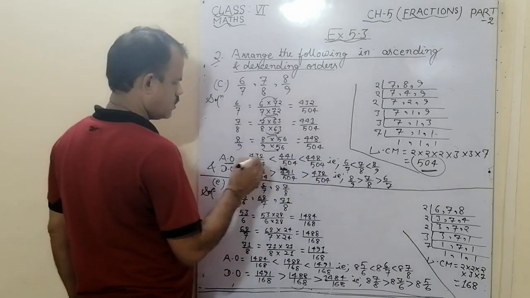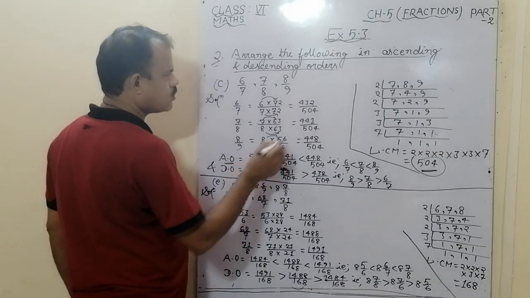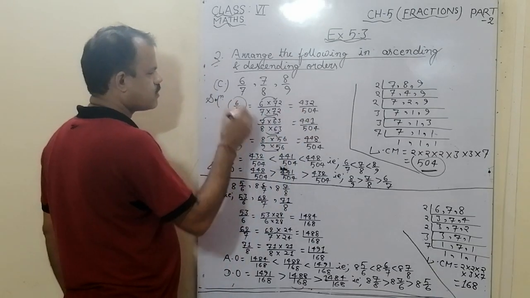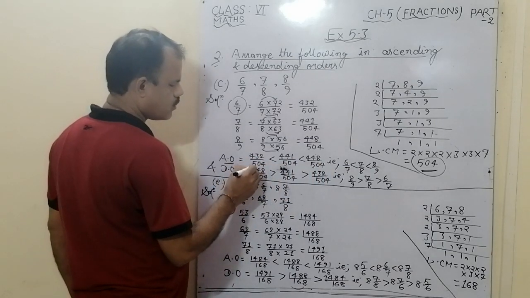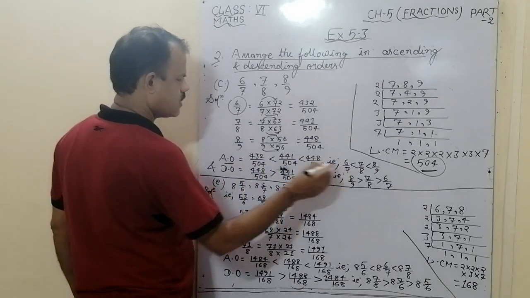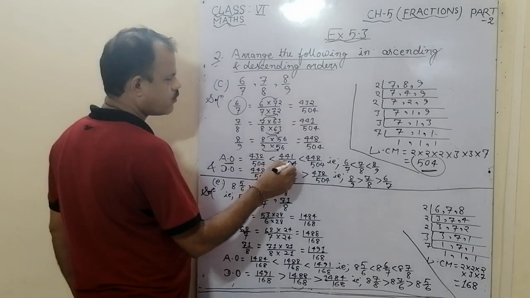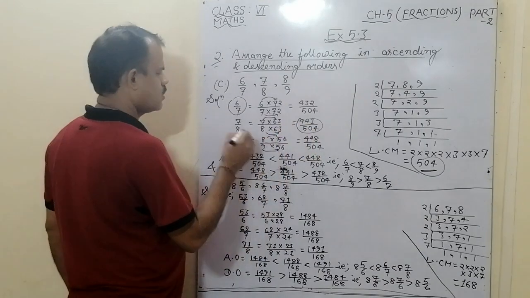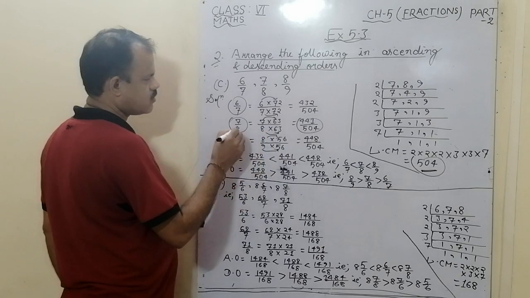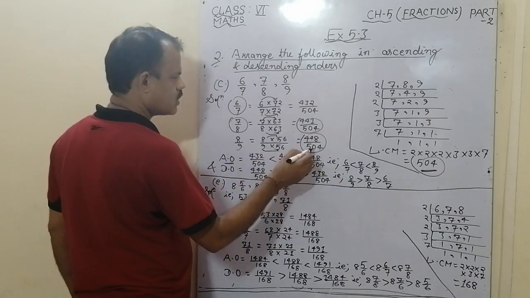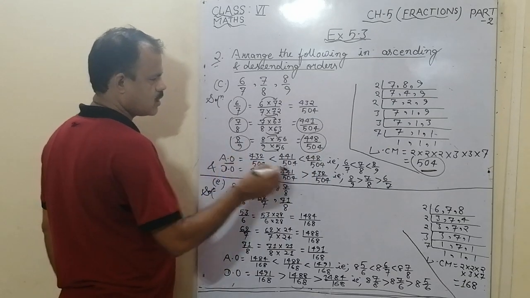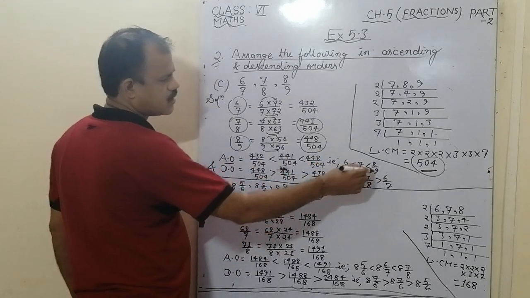This 432 by 504 is 6 by 7. So we write in place of this 6 by 7. 441 upon 504 represents 7 by 8. So we write here 7 by 8, and next 448 by 504 represents 8 by 9. So we write 8 by 9.